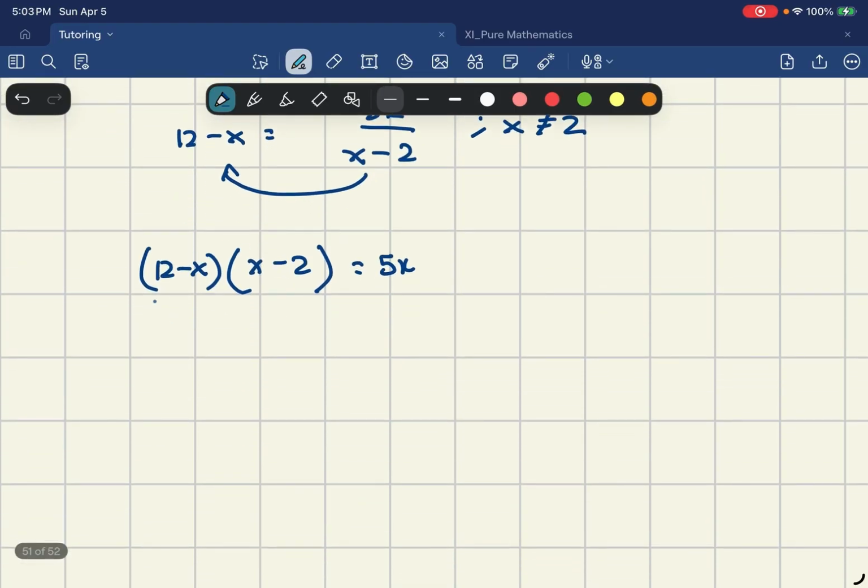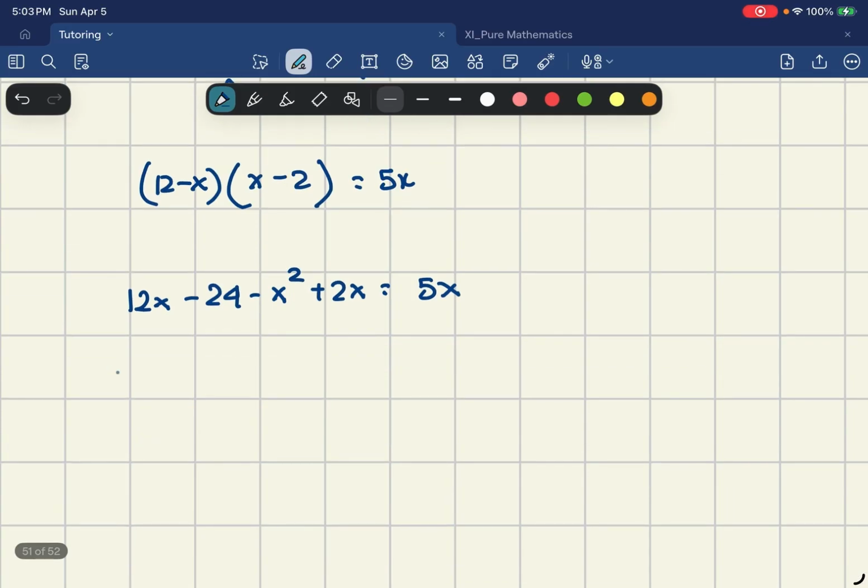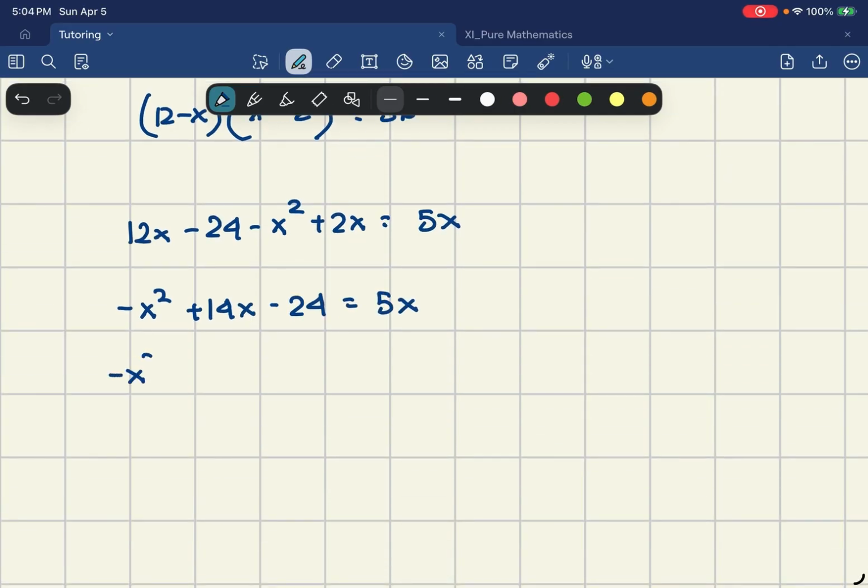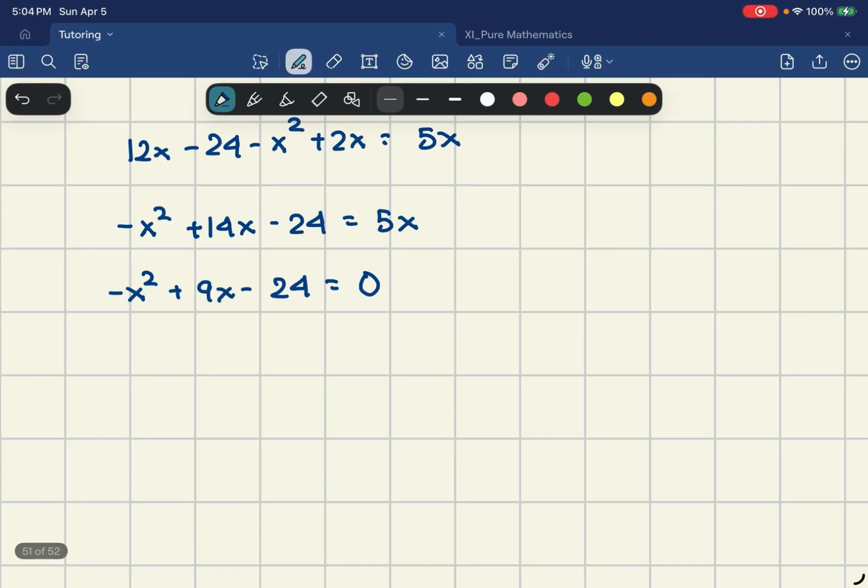And now we can just expand this bracket, right? I have 12x minus 24 minus x squared plus 2x is equal to 5k. So when I simplify, I get minus x squared plus 14x minus 24 is equal to 5k.